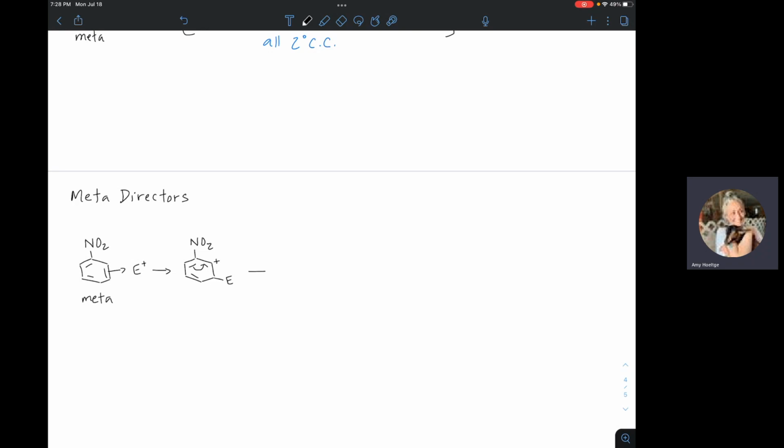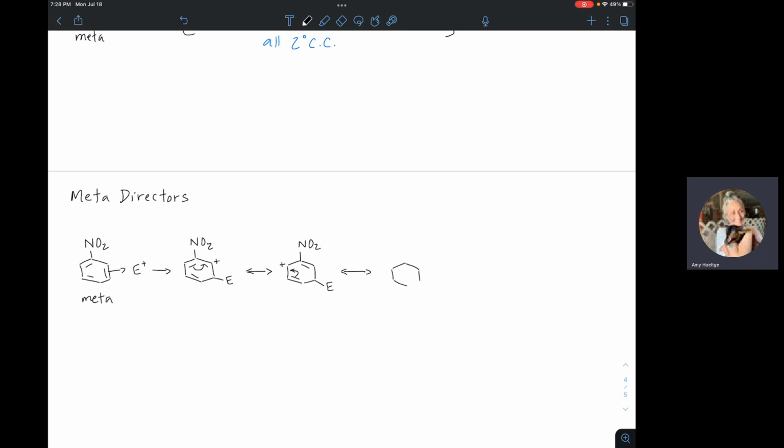I can push the electrons around, come up with another contributing resonance structure. We can do this again. Don't forget the nitrogen has a positive charge.